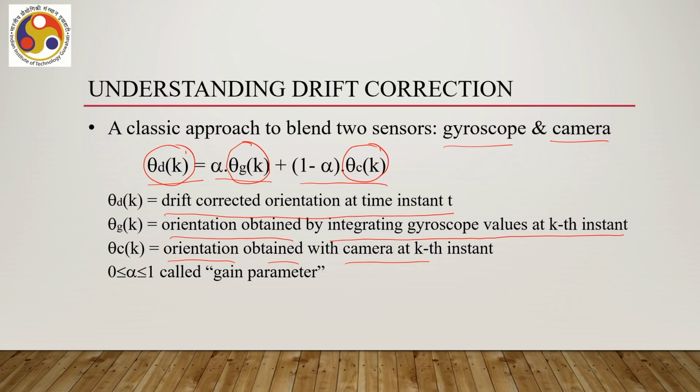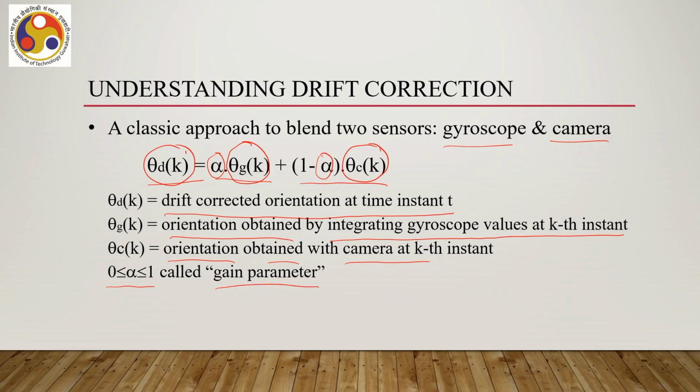Now, alpha in this particular expression, in the classical approach, is a normalized value between 0 and 1, called the gain parameter.